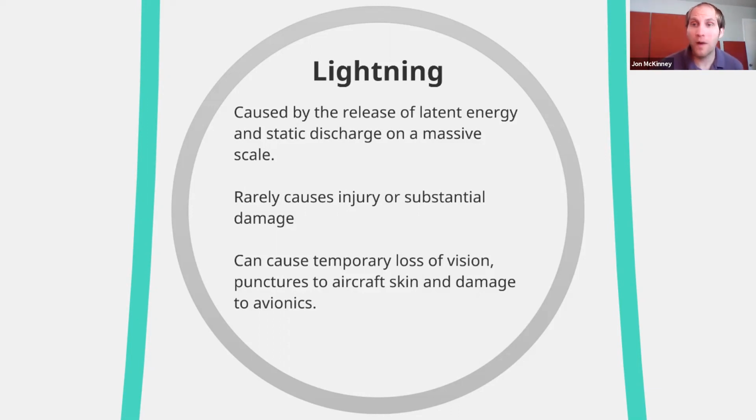We have small wicks that protrude off the trailing edges of our airfoils. Those static wicks help dissipate the static electricity charge that could build up on our airplane. Without those static wicks, we could actually hold the static charge on our aircraft.